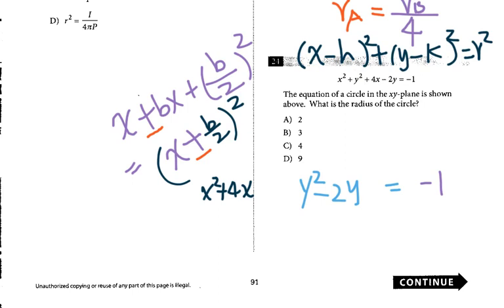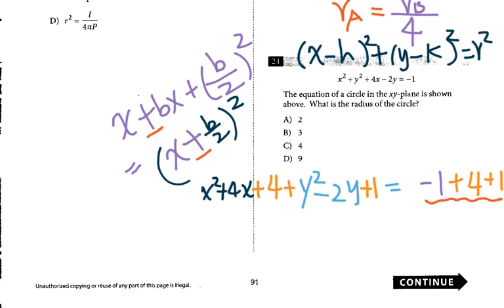And I need to add (4 over 2) squared. That means I add 4, and on this side I need to add 4 so that I can complete the square. And for y, I need to add 1, and on this side I need to add 1 so that I can complete the square.